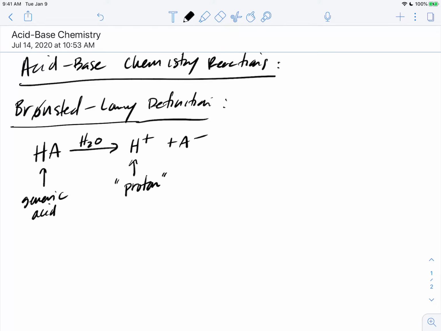This is important because part of our definition is calling H plus a proton donor. What's left, because we took the H plus, is A minus, which we call our conjugate base.